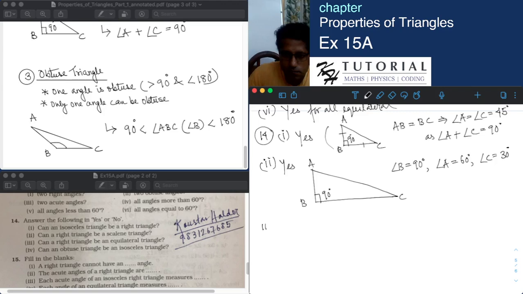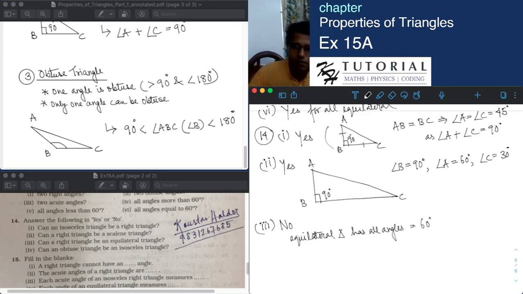Part 3. Can a right triangle be an equilateral triangle? This is no. Any equilateral triangle has all angles equal to 60 degree.